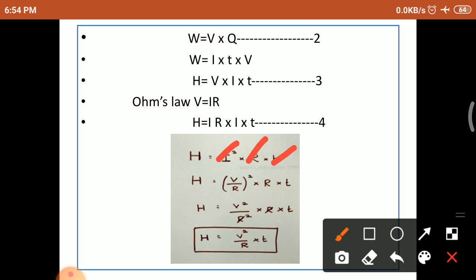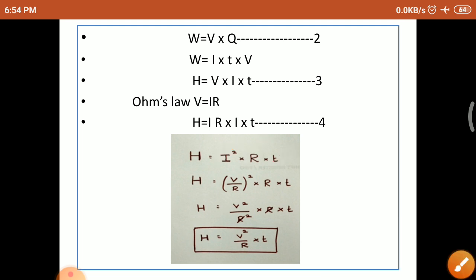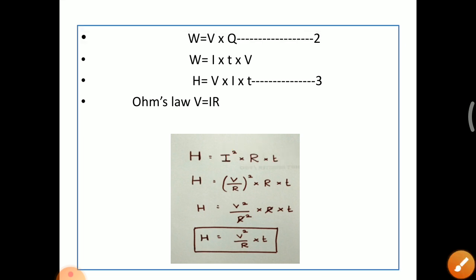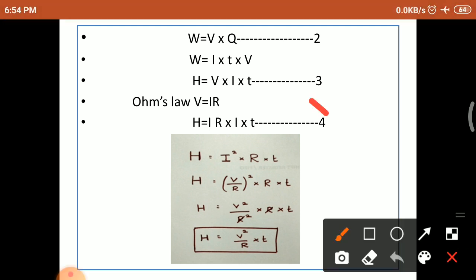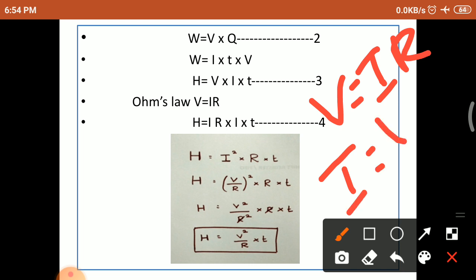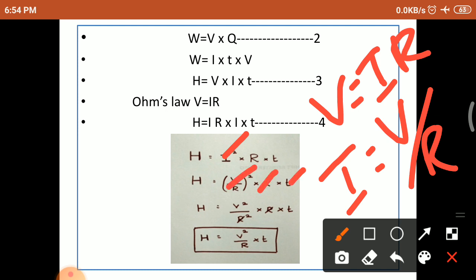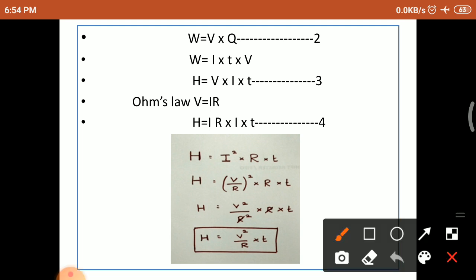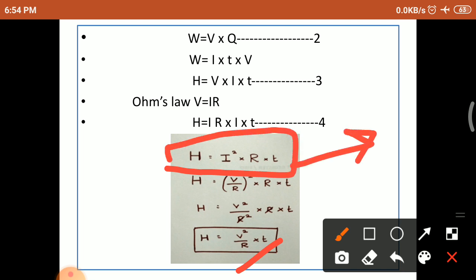From Ohm's law, V equal to IR, I equal to V by R. So instead of I squared, I can substitute V by R whole squared, R T, and V squared by R squared, R into T. R cancel, so V squared by R into T. So these two formulas are very important to calculate heat dissipated.